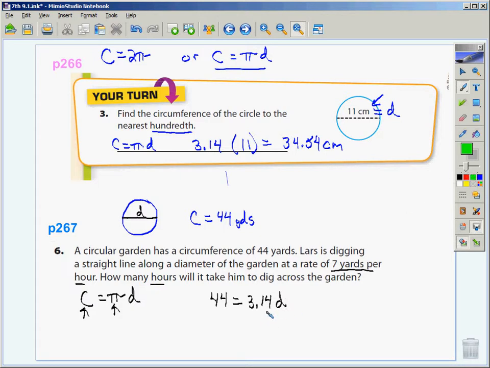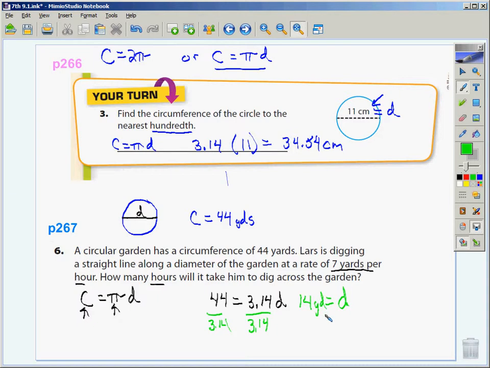If I want to find the diameter then, how would I get D by itself? I divide by 3.14 on both sides. So the diameter is 14 yards.